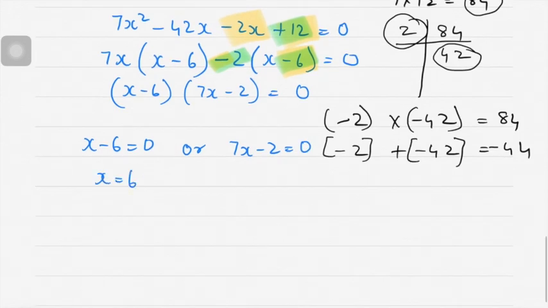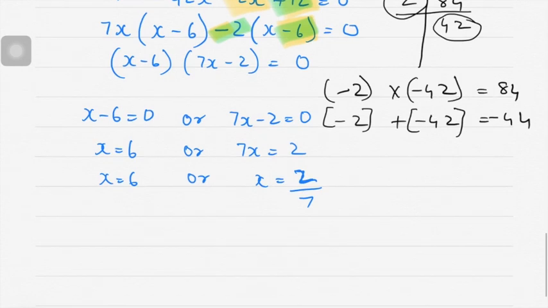So x minus 6 is equal to 0, or 7x minus 2 is equal to 0. So x is equal to 6 or 7x is equal to 2. X is equal to 6 or x is equal to 2 by 7. So either x is equal to 6 or x is equal to 2 by 7.